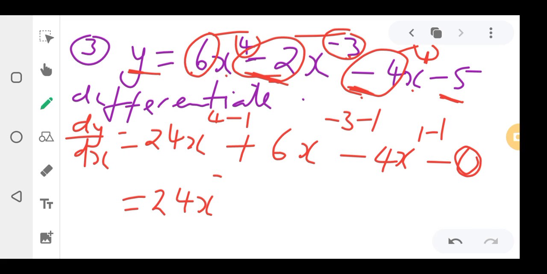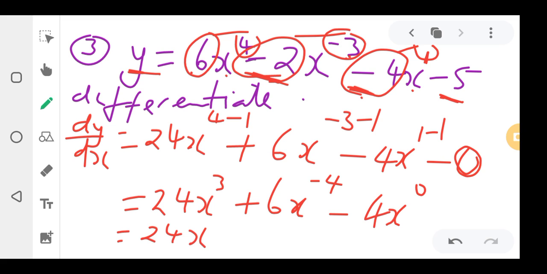So 24x power 3 plus 6x power negative 4 minus 4x power 0, which will be equal to 24x power 3 plus 6x power negative 4 minus 4. Any number to the power 0 is 1, so what will remain there is 4.